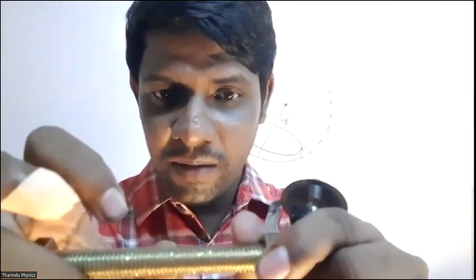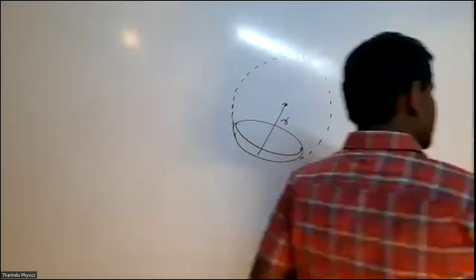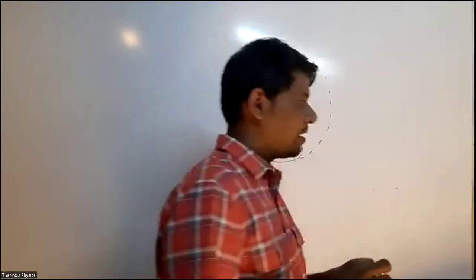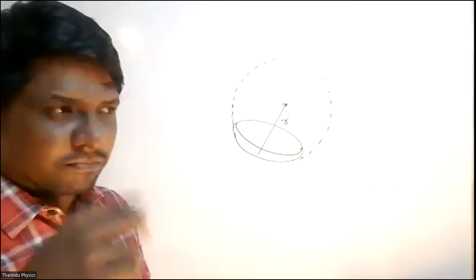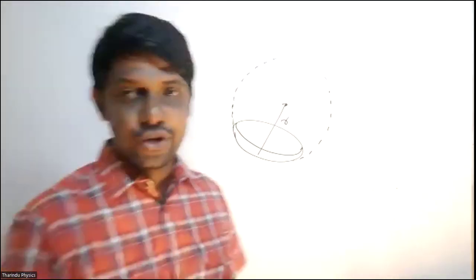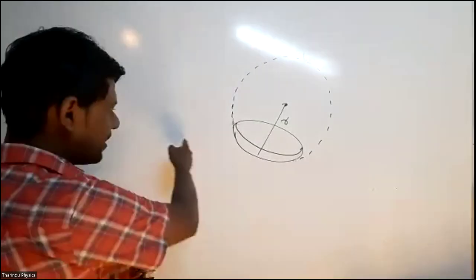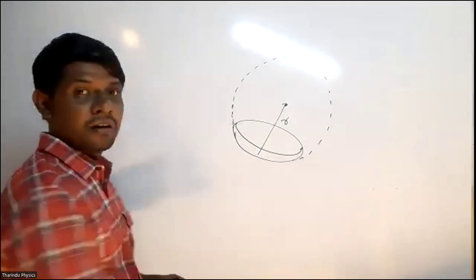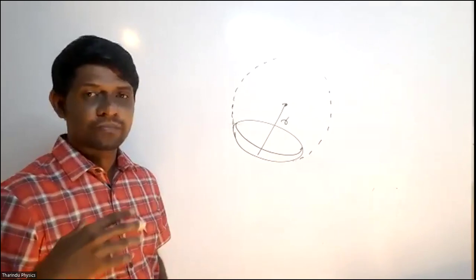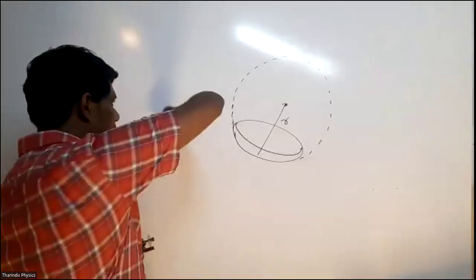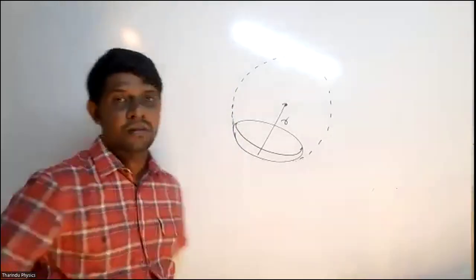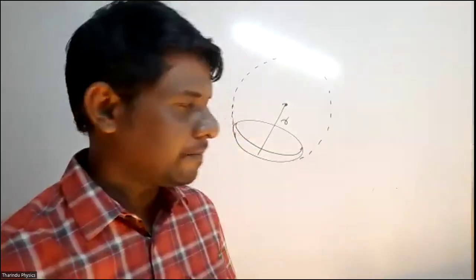That means the pitch length, right? And you have to remember one more thing. In the micrometer screw gauge, the scale is in the anti-clockwise direction, but in this one, it is in the clockwise direction. Okay, I will explain you one by one.